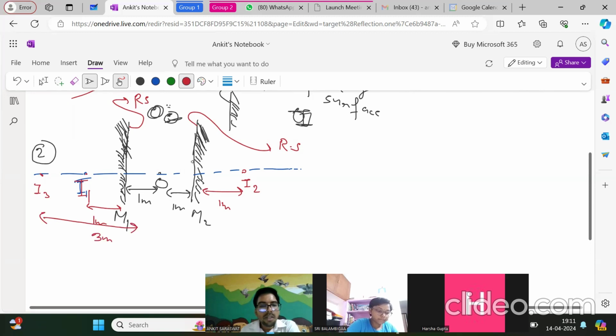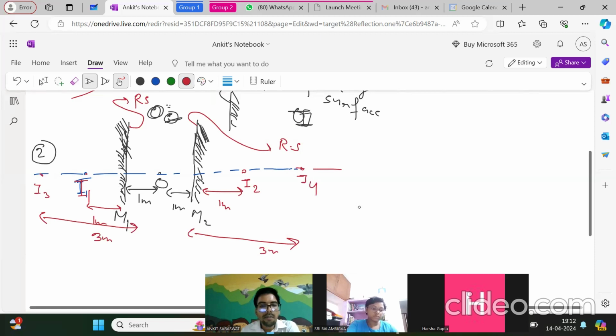Now for this M2, this I1 is the object, a virtual object. Then this is 3 meters, then this will also be 3 meters. That is I3, not I3, it is I4.